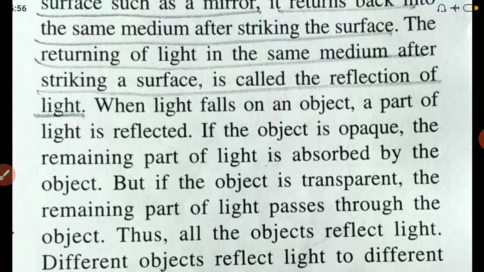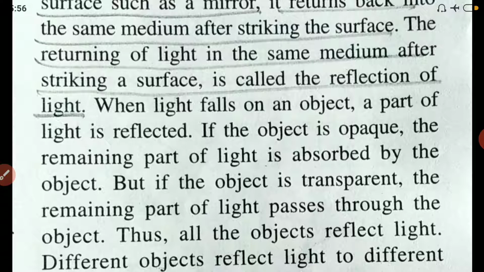Suppose you throw 100 amount of light on an opaque surface, whatever is not reflected, it will absorb. But if the same light strikes a transparent object like glass or water, it will absorb some amount of light, but whatever light is remaining, it will let go through. That's why it is transparent.